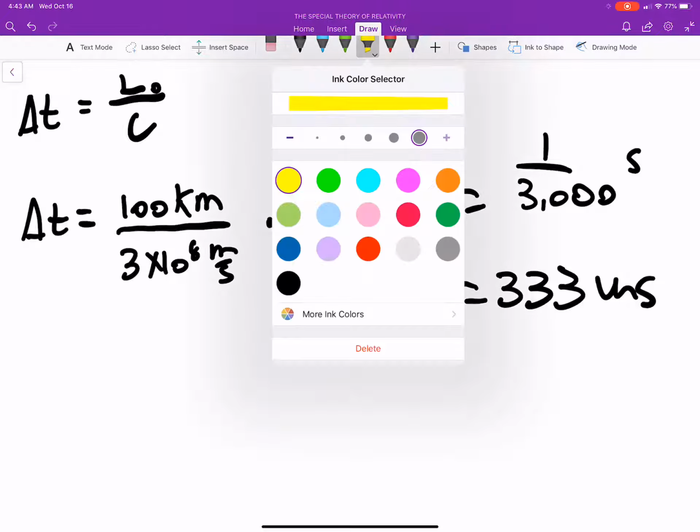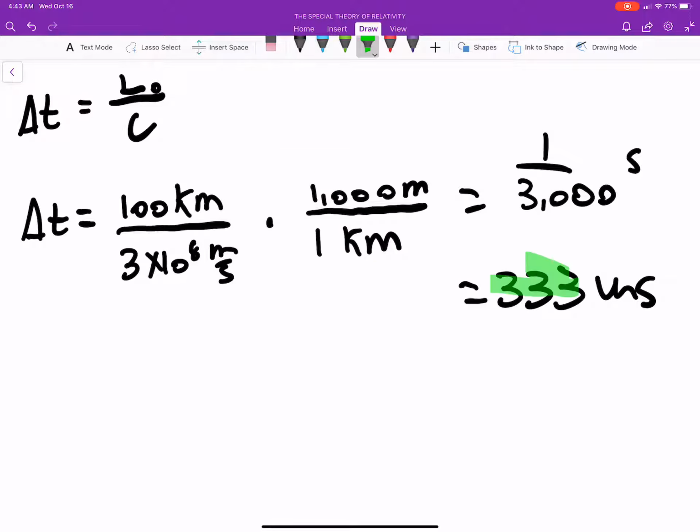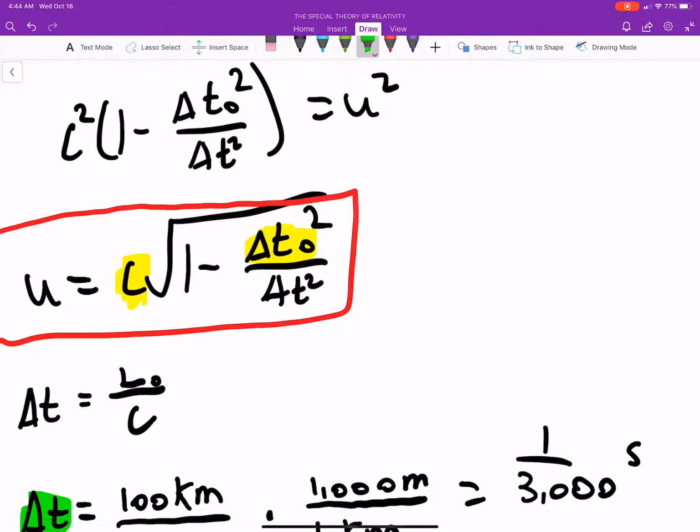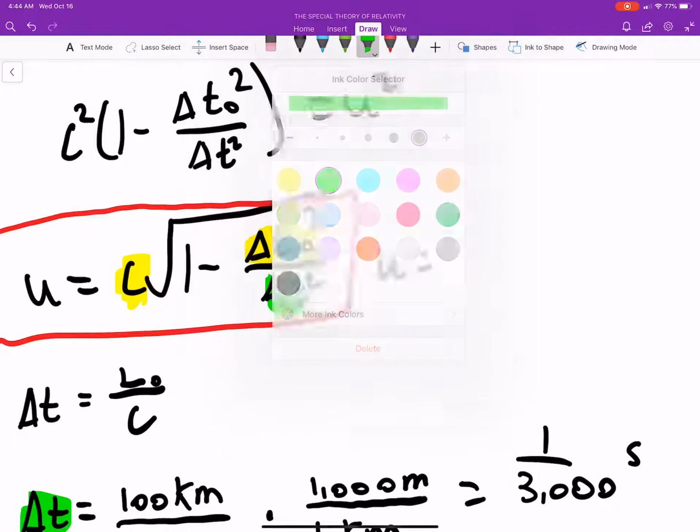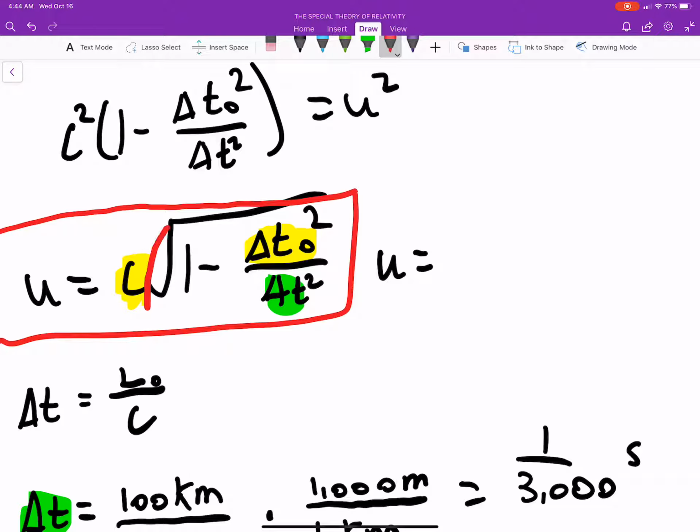Now that we have this, which is just our delta T, that can go right into here. So what I'm going to do is, u is equal to, I'm going to do this bit.